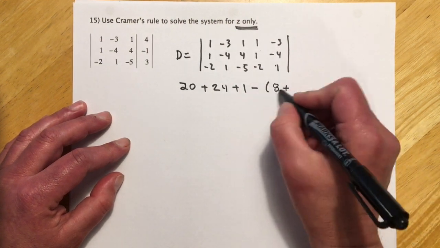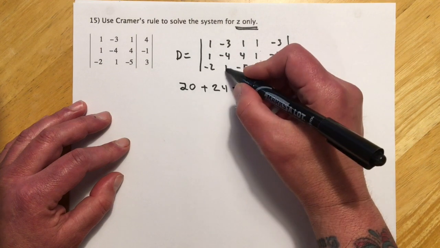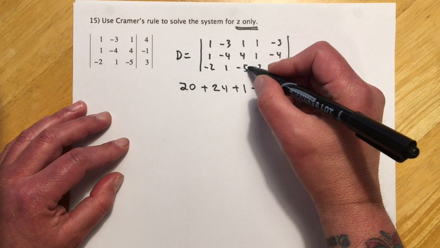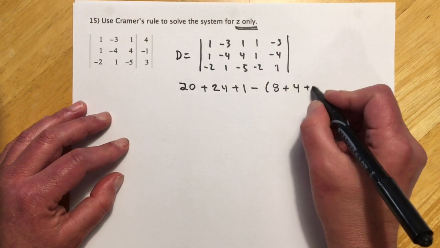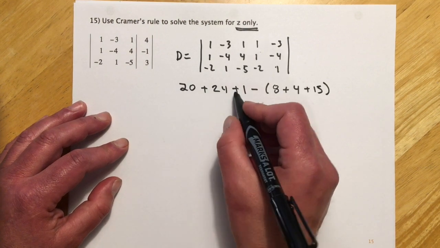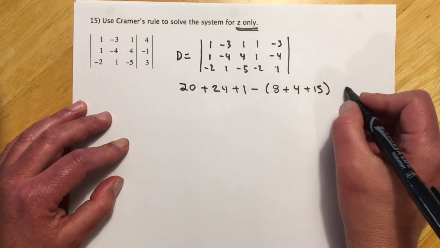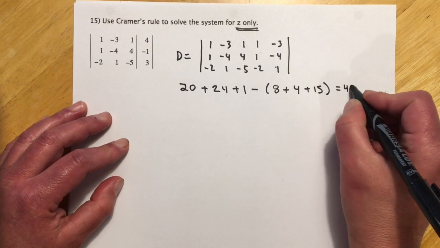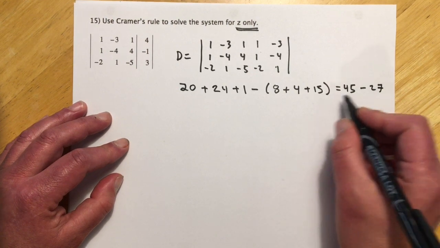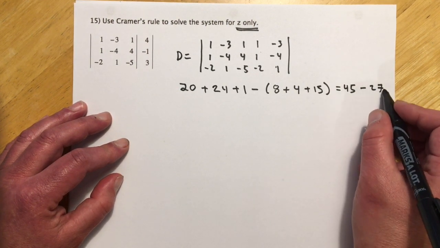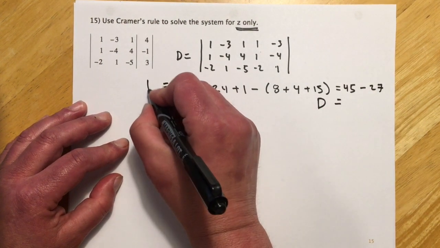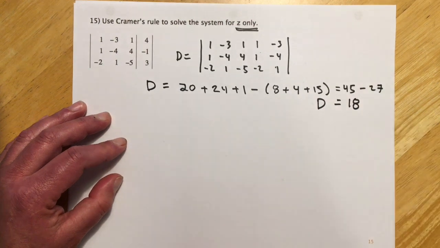I'm thinking of it as addition inside, and I'll distribute the negative after I collect. 1, 4, and 1 would make 4 because we're multiplying. And then negative 5, negative 3 would be positive 15. So that's 20, 44, 45. Minus 12, and that'd be 27. So I think that is 18, yep. So D equals 18.